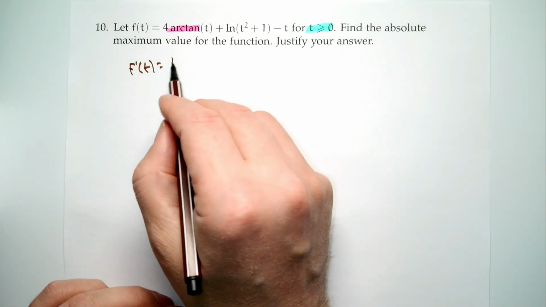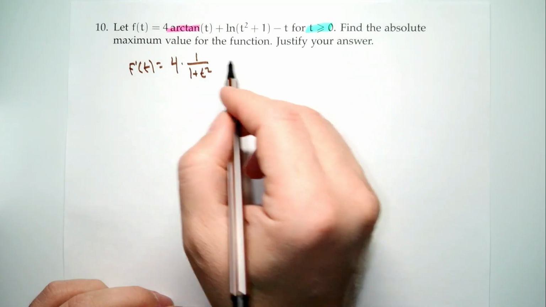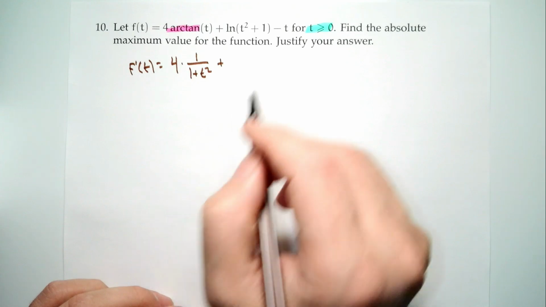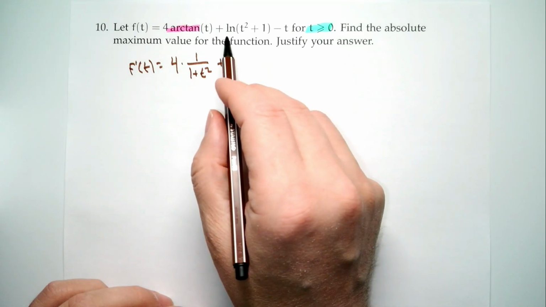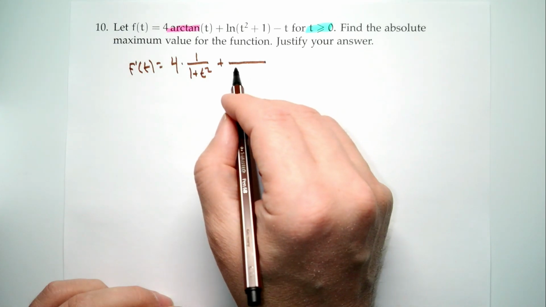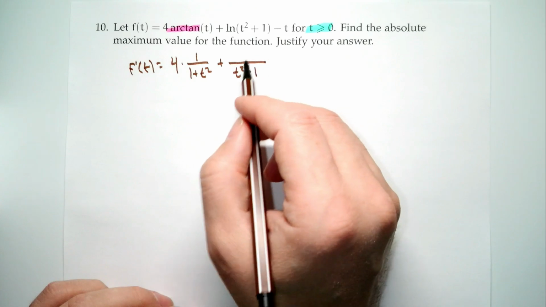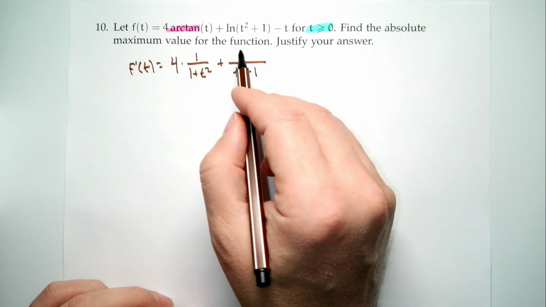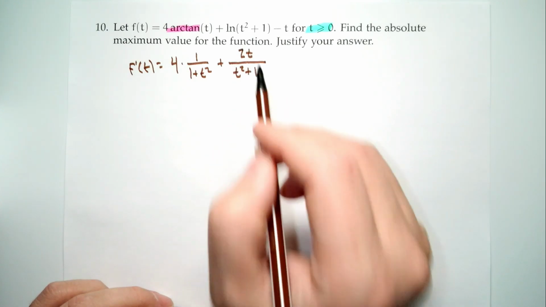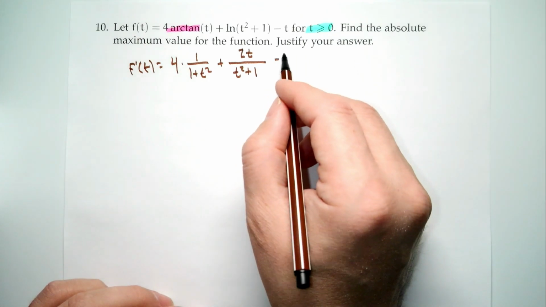The derivative of arctangent is 1 over 1 plus t squared. The derivative of log of t squared plus 1: whenever you're taking the derivative of a log, you put the function downstairs, and upstairs you put the derivative of the function. So that would be 2t. And then the derivative of minus t is minus 1.